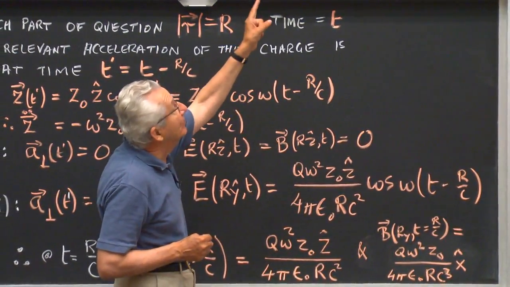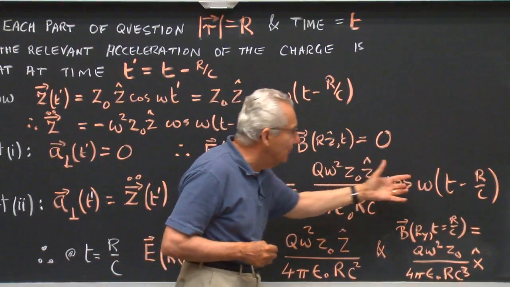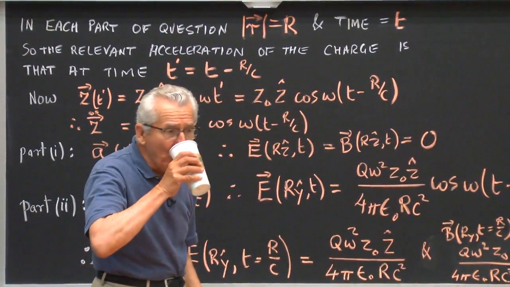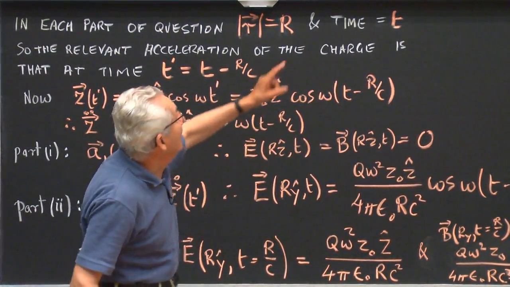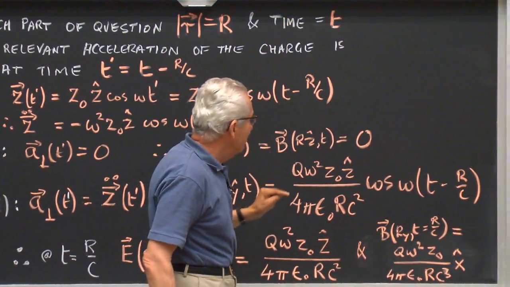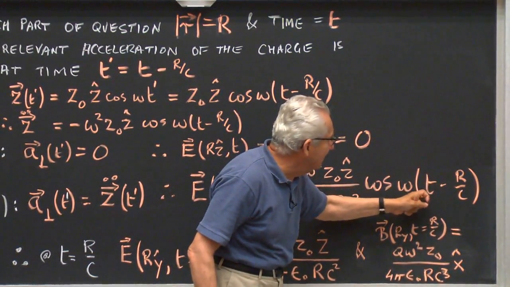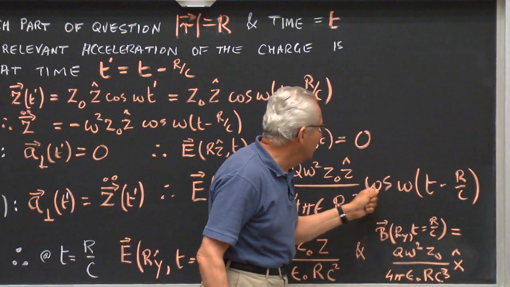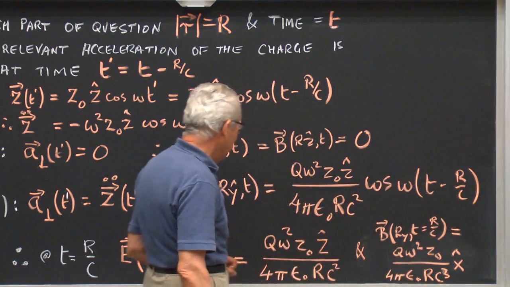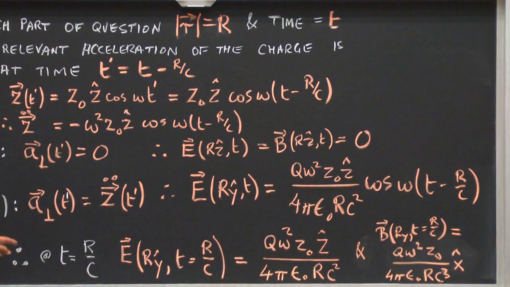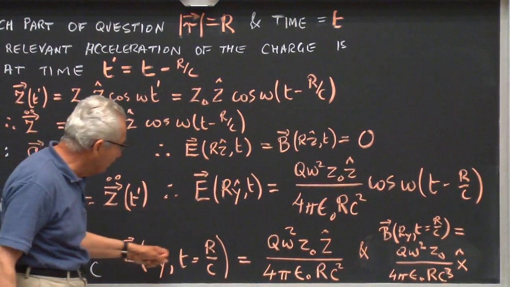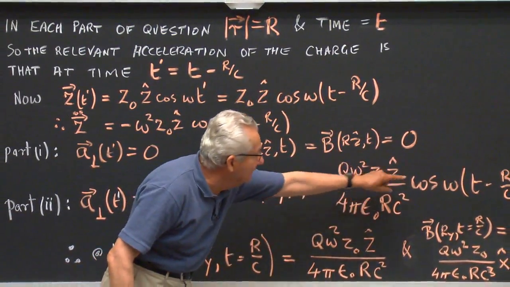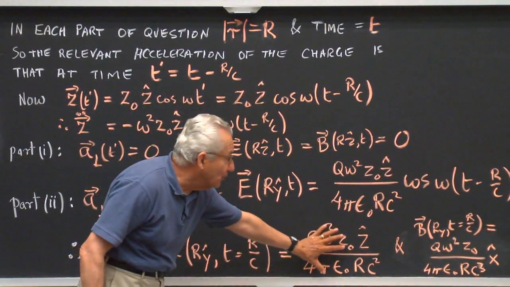The actual problem was not in general what it is. What will it be at the time t equals r over c? Well, at t equals r over c, this is r over c minus r over c, which is 0. So this is cosine of 0, which is 1. And so we get finally that at that time, the electric field is equal to this. It's just that times 1.